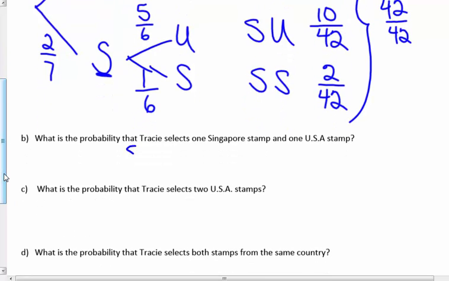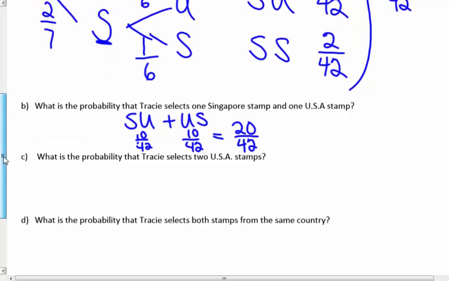Why? Because she could get Singapore US plus US Singapore. So you've got to add those together, which is 10 out of 42 plus 10 out of 42. It just says 1 Singapore and 1 US, it doesn't say what order. So you've got to do both orders. So there are a total of 20 out of 42 possibilities.